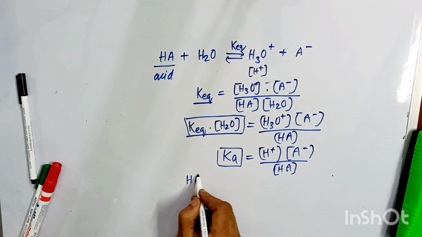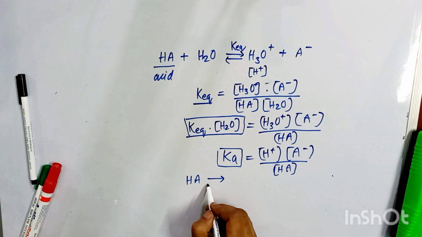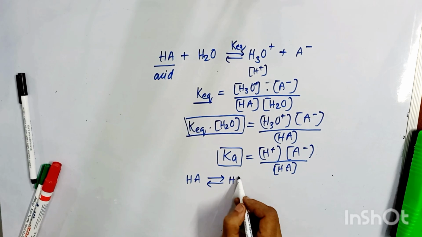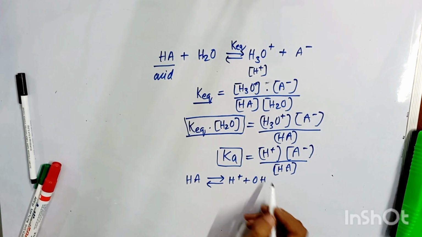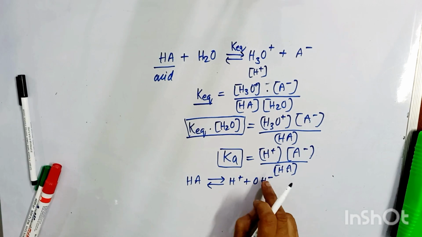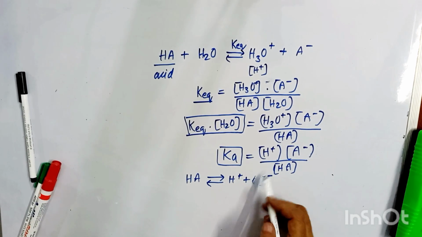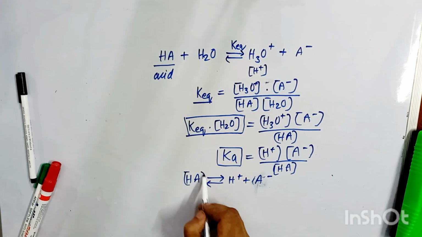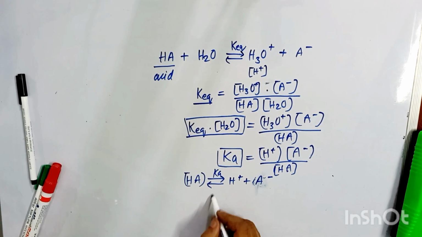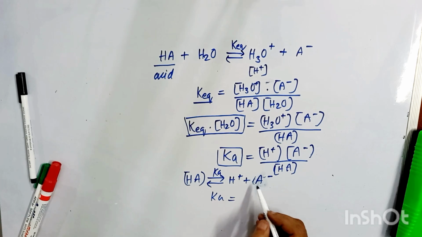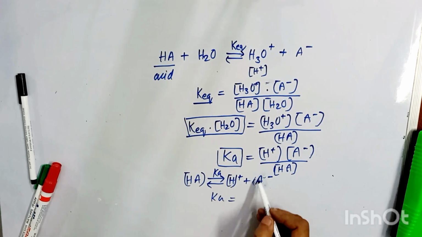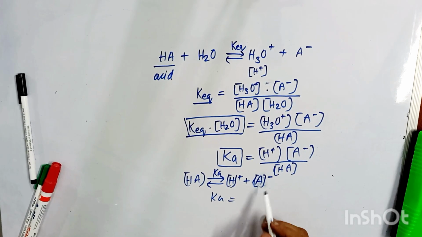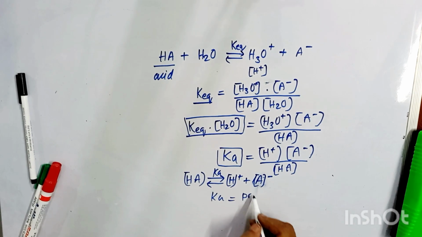This HA is now ionized to H plus and A minus, and this is the acid, and this is Ka. And what is Ka? Ka is the concentration of H plus, concentration of A minus, by HA, product by reactant.